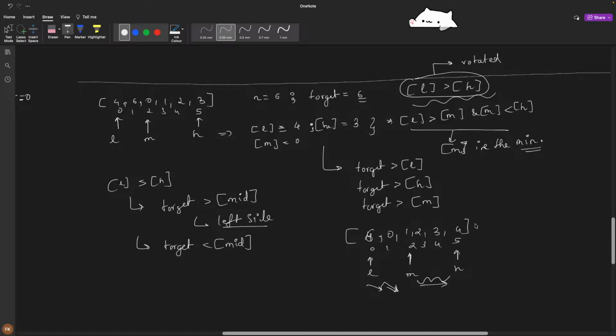Our target is still 6 here, but here the low is greater than high and mid is still like this, which we had seen here also.